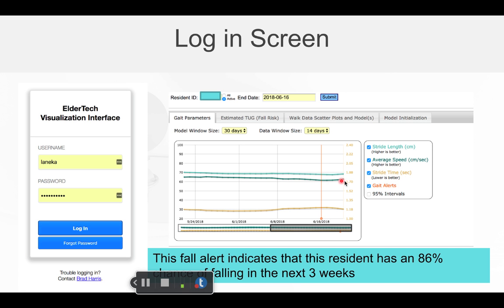The dark green is average walking speed, and this lighter green is stride length. We can also look at tug times too. But the alert just indicates that a change has been seen by the computer, and that resident has an 86% chance of falling in the next 3 weeks.